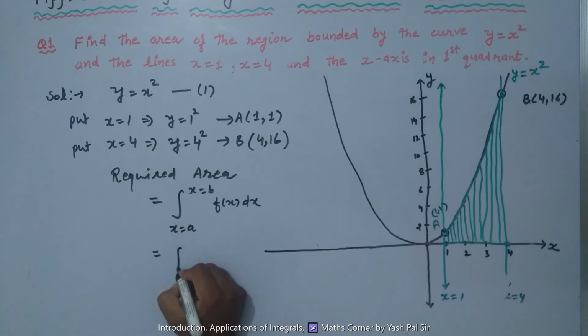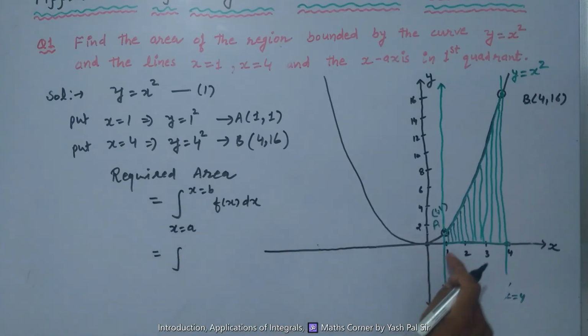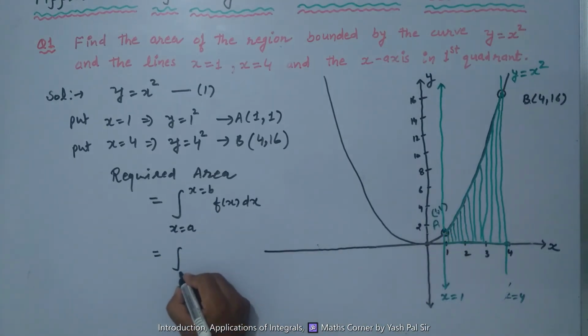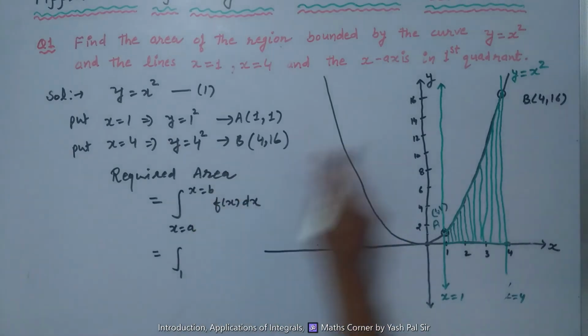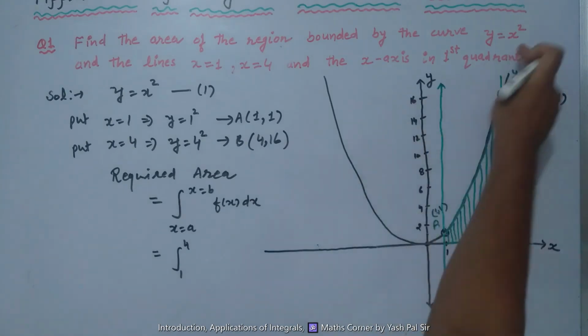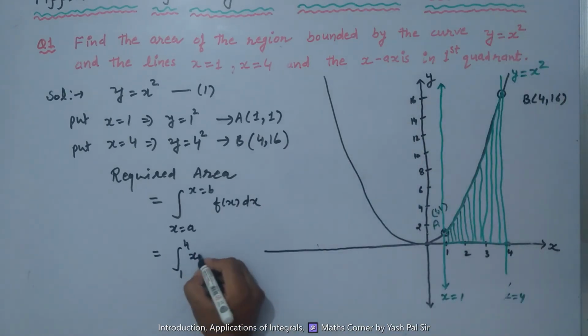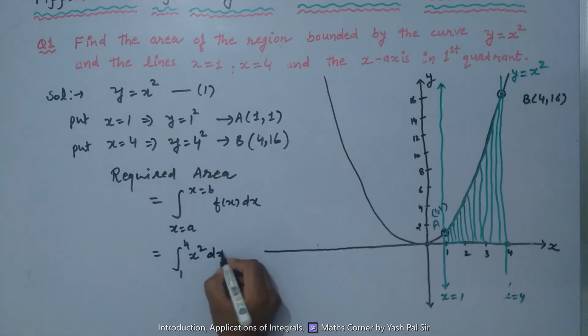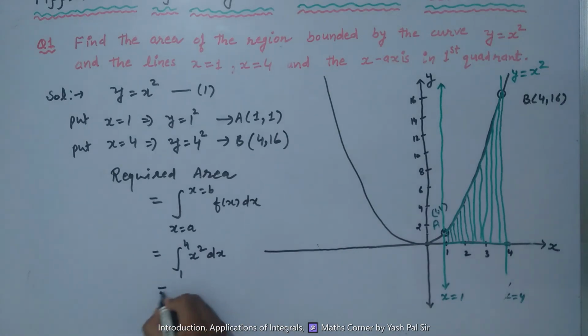So we have x is equal to a. What is a? A is 1, to b is 4, and f of x is x square into dx. So this way we can solve this.